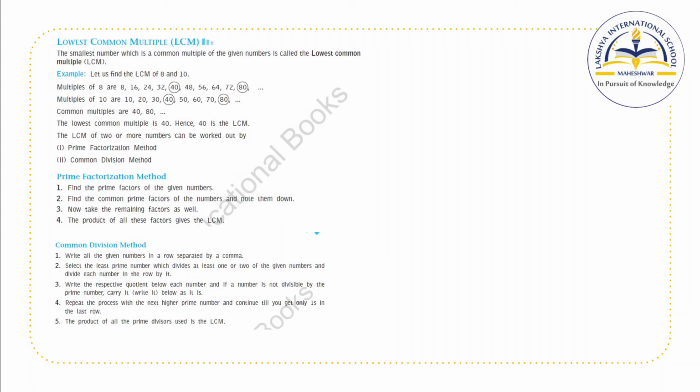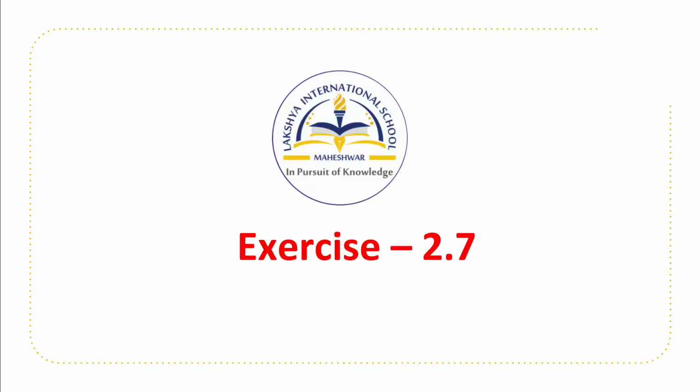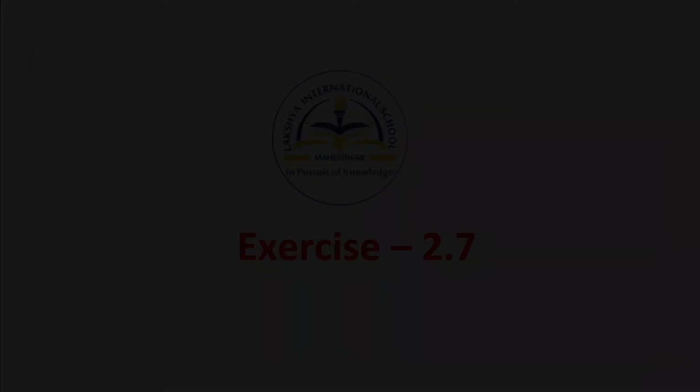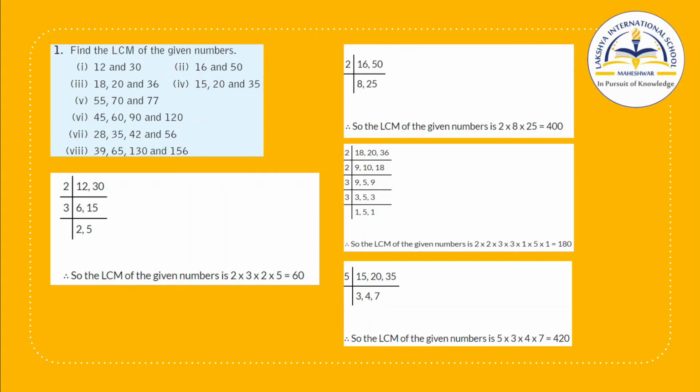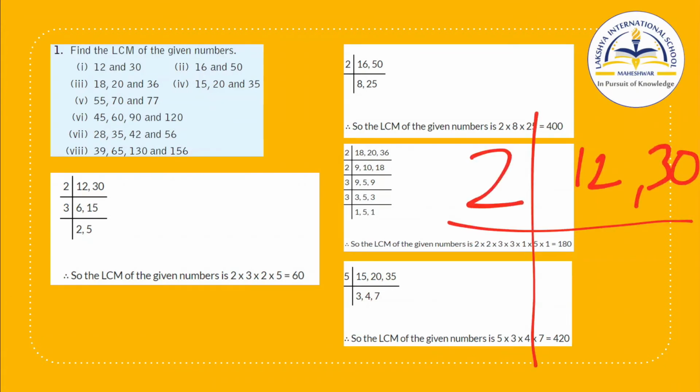Now we will solve the questions. Exercise 2.7. Find the LCM of the given numbers. So 12 and 15 is our question. We take the LCM of both these numbers by 2. We can easily see both numbers are divisible by 2, so we have taken 2. Here we will get 6 and here we will get 15.